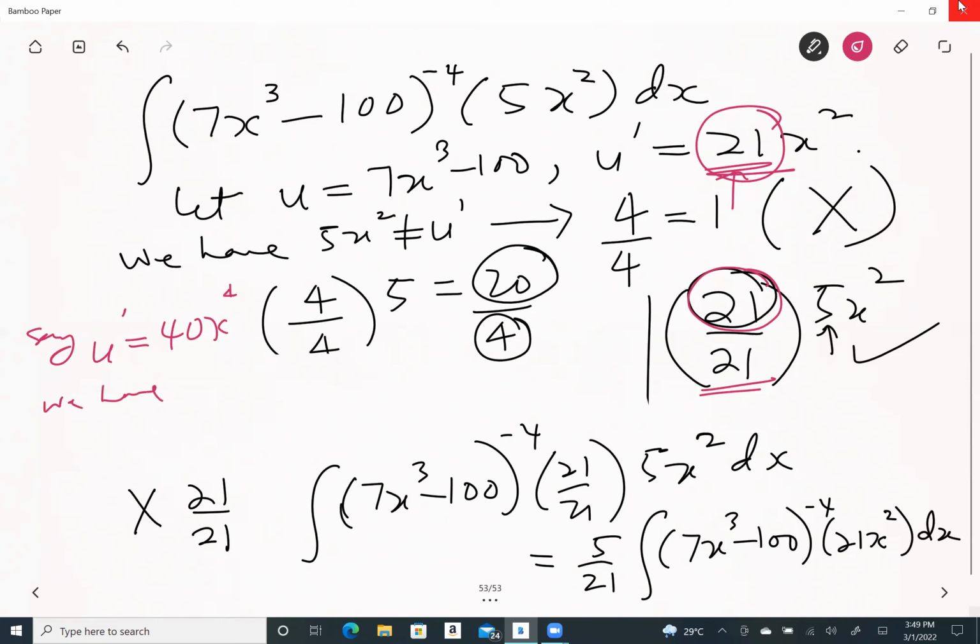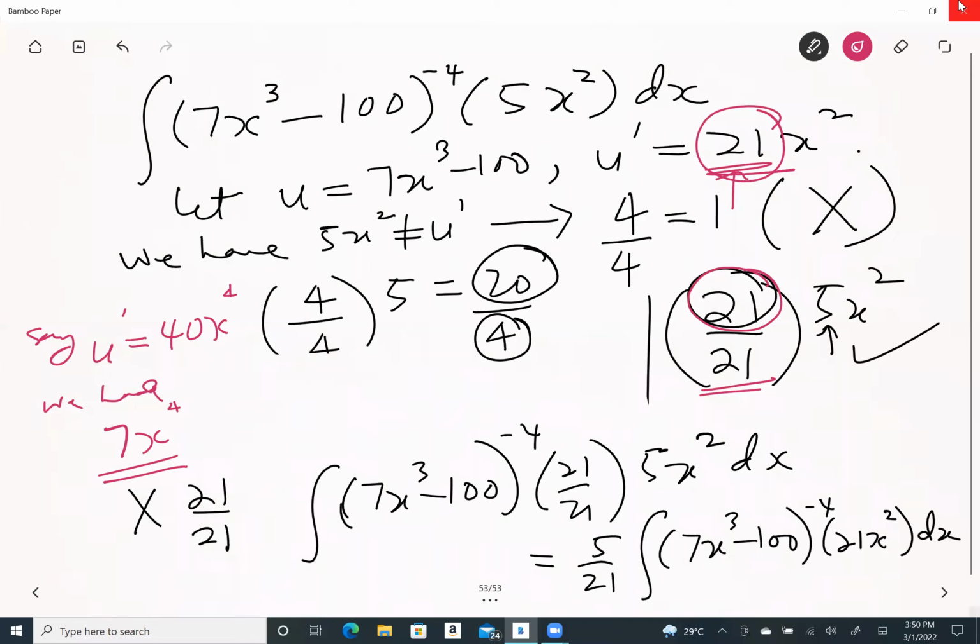I just want to show how you multiply by the ratio of the same constant. But what we have is, say, 7x to the power of 4. I want 40. So what do we do?